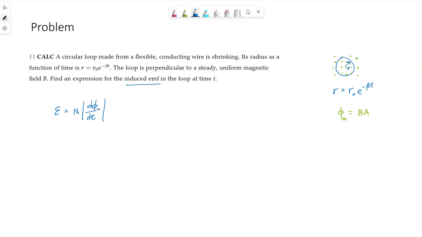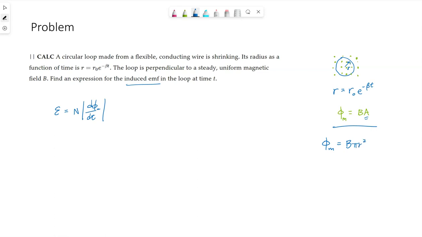So here, the flux is changing because the area is changing. So we need to write this magnetic flux in terms of time. We're already told that B is uniform. That means that it is a constant.